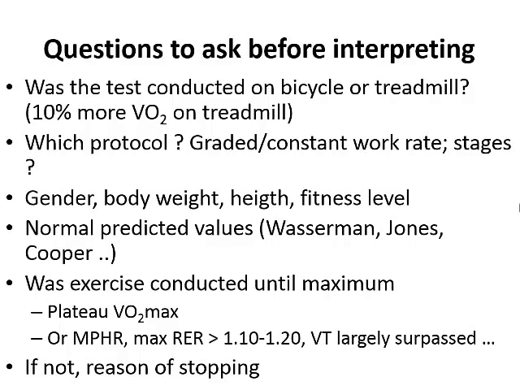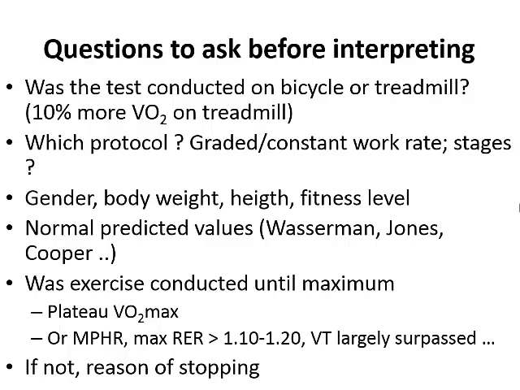And finally, it's very important to know if exercise was really conducted until maximum to interpret the test. So this is very difficult. In athletes or in normal subjects, you may find a plateau of VO2 max. In patients, it's very difficult to obtain this, and you have to rely on criteria. Has he reached the maximal predicted heart rate?